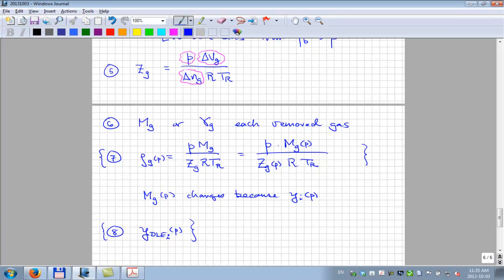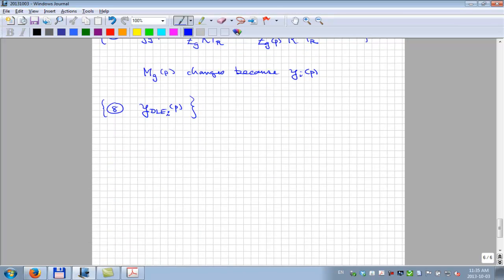All right, so that basically gets us to the end of the reported data for the differential liberation test. Are there any questions?